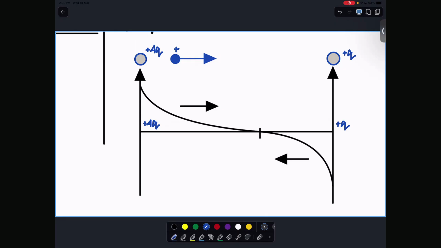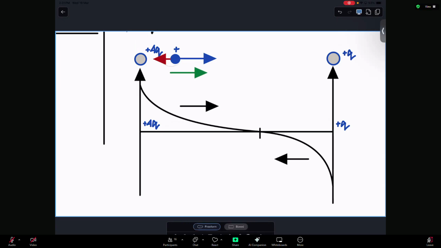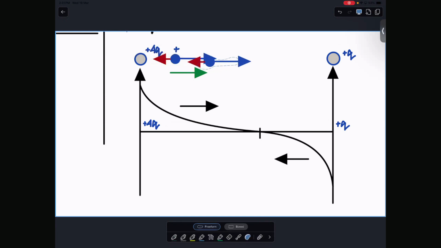Now, what happens is the other charge here is also applying a force. Which way is that applying force? To the left. Is it as equal or smaller? Smaller, right? So it's going to be like that. Can you tell me which was the resultant force acting? Right. Okay. Now, what happens is you keep going that way. So you're moving closer and closer and going that way further and further.